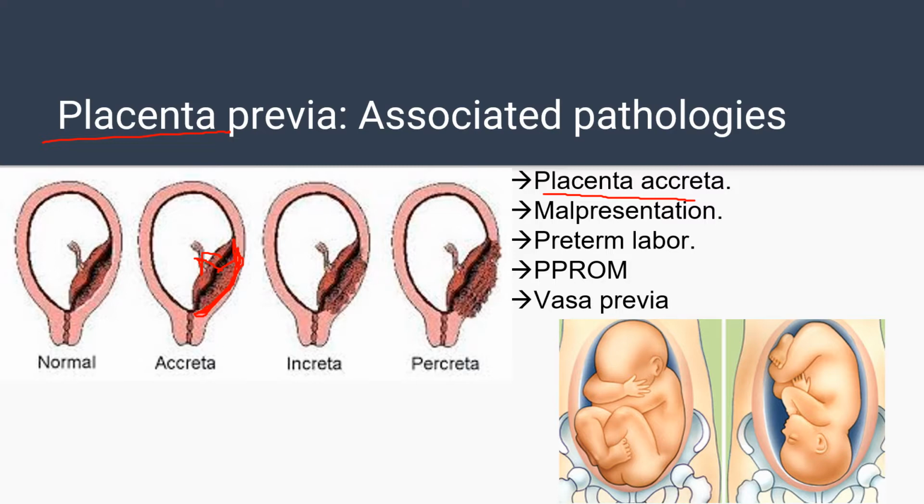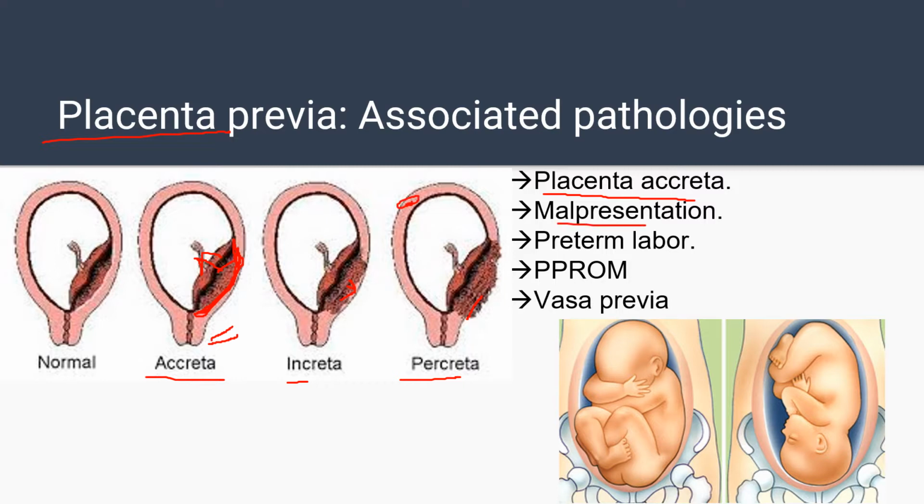Maybe the mother ends up in a cesarean section or a hysterectomy. So it is a very important complication. Also, there are increta and percreta, which are other forms of accretism that can go farther than the accreta, like trespassing the serosa, for example. All of these increase the risk in a placenta previa, because the lower uterine segment, which is the place where the placenta previa is inserted, is thinner than the normal uterine fundus.